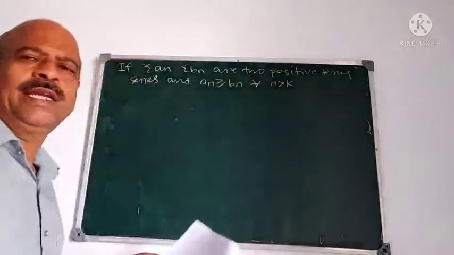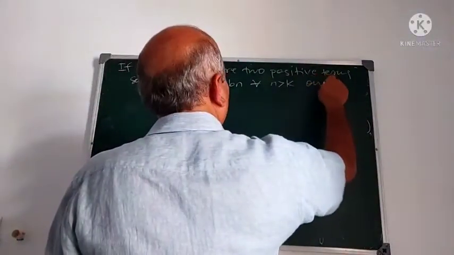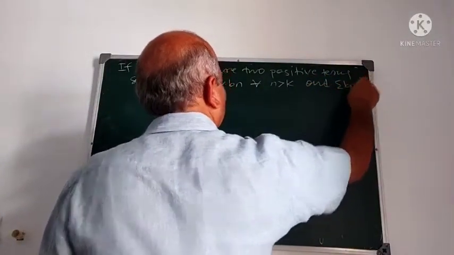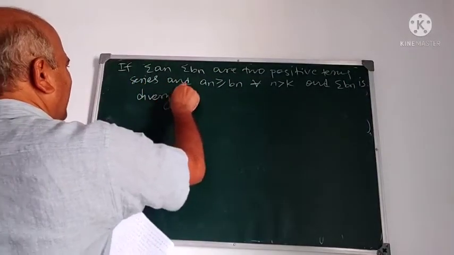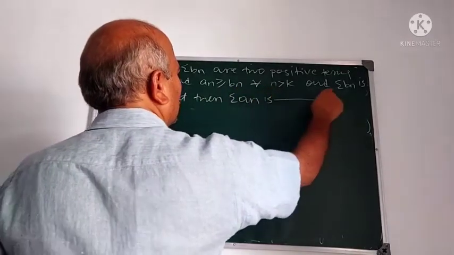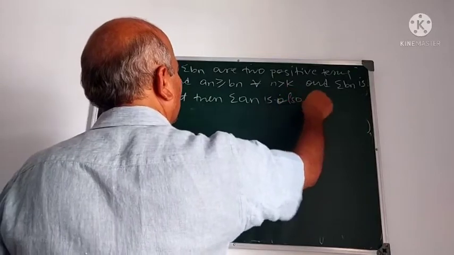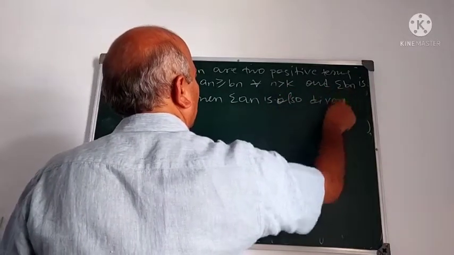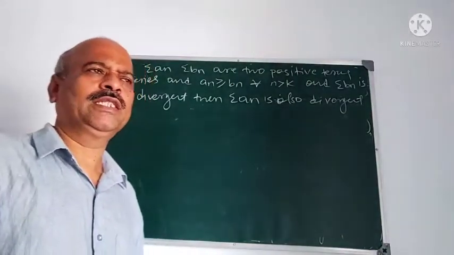Now we have taken an greater than or equal to bn, and sigma bn is divergent. If sigma bn is divergent, then sigma an is also divergent. Very basic results there in infinite series.